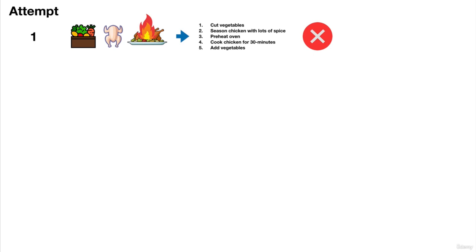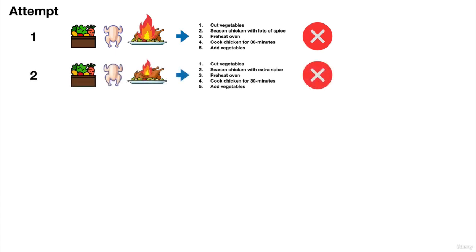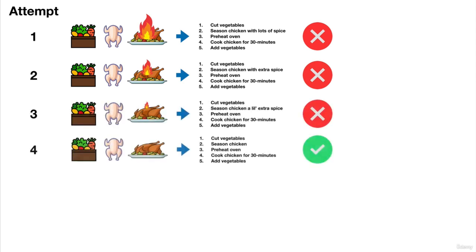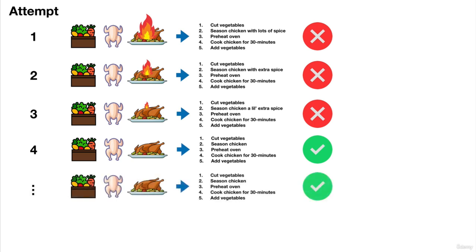Now think about this. If you tried to do this, on your first try, you might not get great results. You might put in too much spice and the dish comes out far too hot. On your second try, you get a little closer. But when it comes to machine learning, sometimes there may be hundreds, thousands, or tens of thousands of these combinations of inputs and outputs.